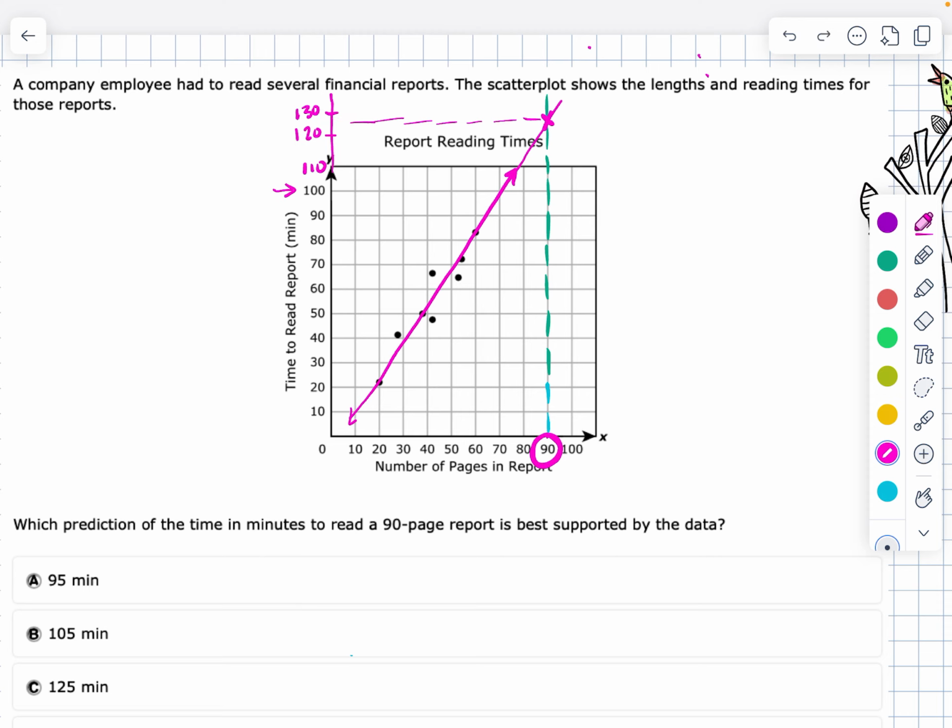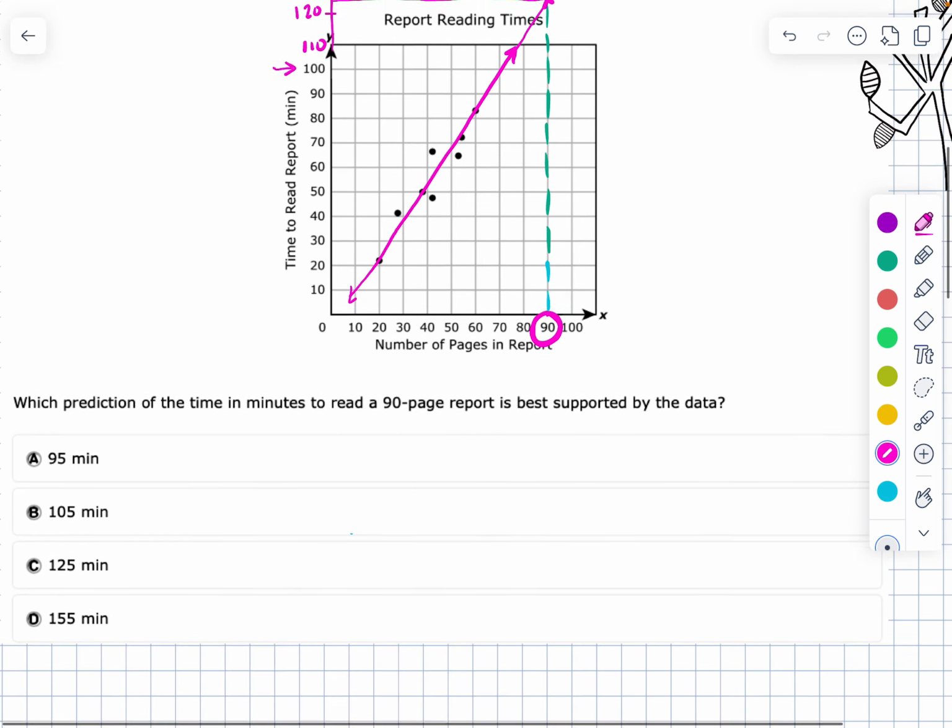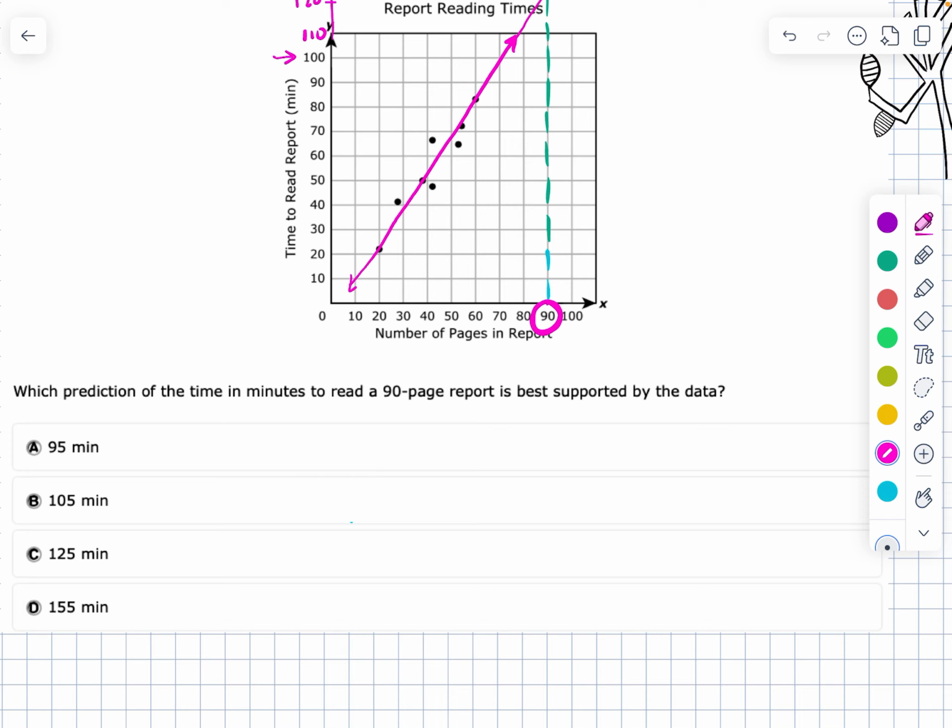That's pretty sloppy. Let me see if I can draw a better line. I think you may have the tools to do this a little better than I'm doing here. Okay, so I'm going to say it's roughly about 126 or so. Of all the answers that I have, this one is the closest.